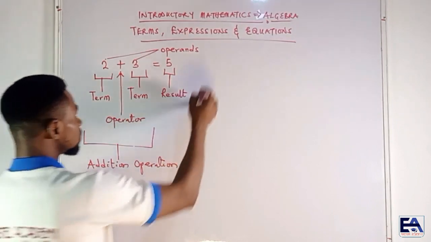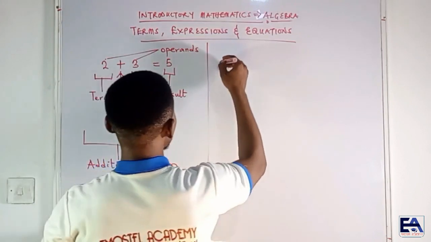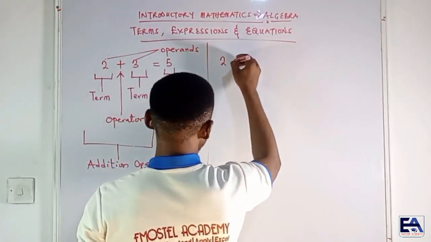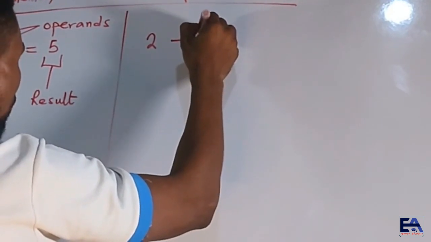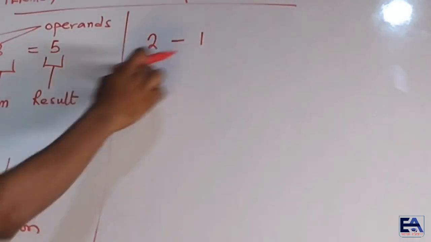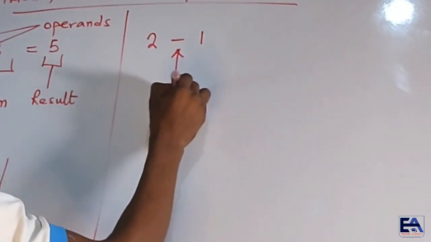Now we move. If, for instance, we have something like 2 minus 1, okay? On a similar note, 2 is a term, 1 is a term, but this one here is also an operator.